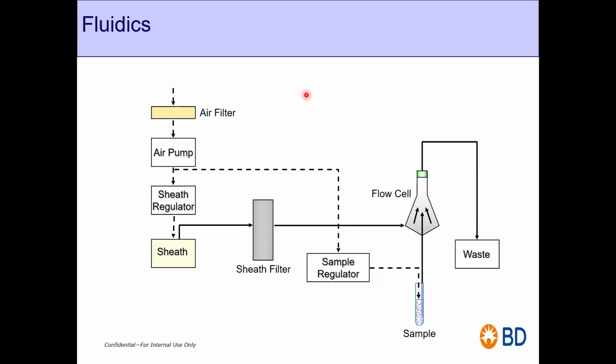You can change your sample pressure, but even the low sample pressure is higher than your sheath pressure. So let's say if it's 5 psi inside the machine, then your sample low pressure will be somewhere around 5.1, 5.2. So at least the sample will go in. I'll talk in more detail in the upcoming slides.